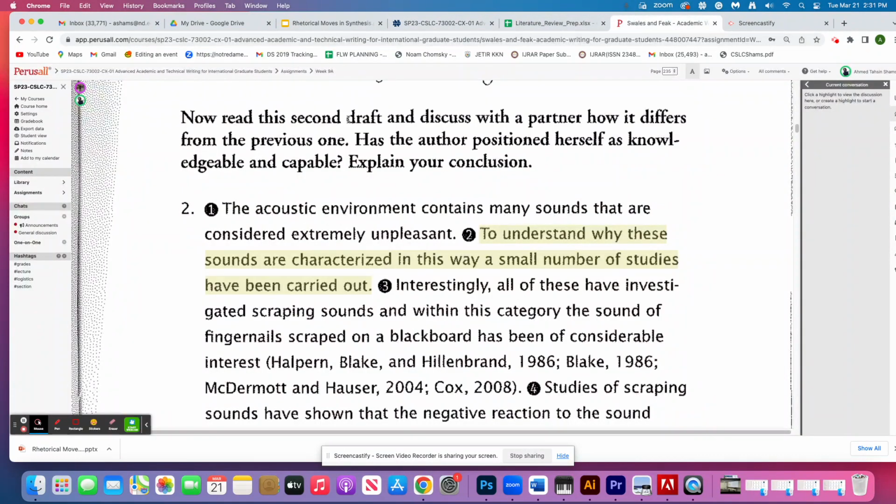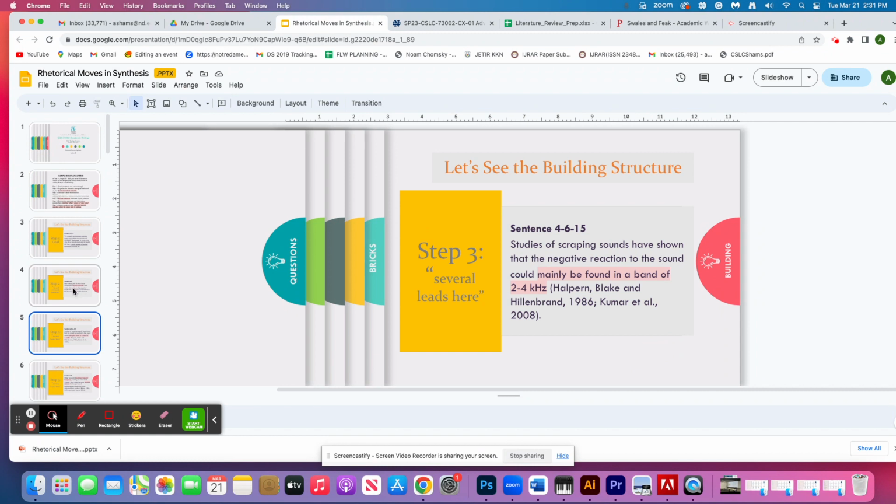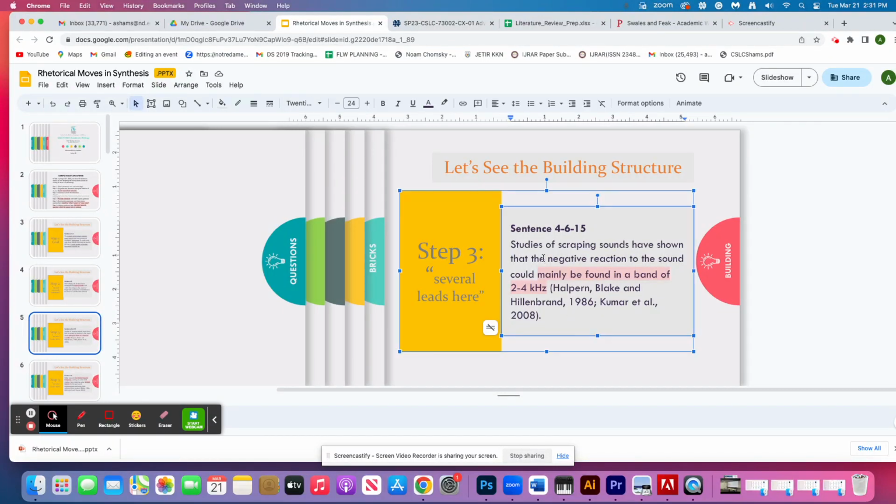Let's have a look. The first sentence for step 3 is sentence 4. We found one lead here. What's the lead? Frequency. So it's talking about negative reaction to the sound, mainly could be found in the band of frequency 2 to 4.